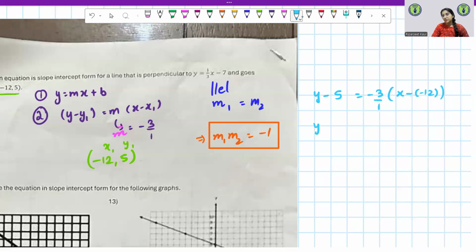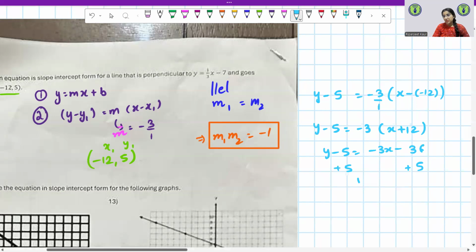So it's y minus 5 equals negative 3 times x plus 12, and y minus 5 is equal to negative 3x minus 36. So we add 5 on both sides, and we get y equals negative 3x minus 31. That's our answer, in slope intercept form.